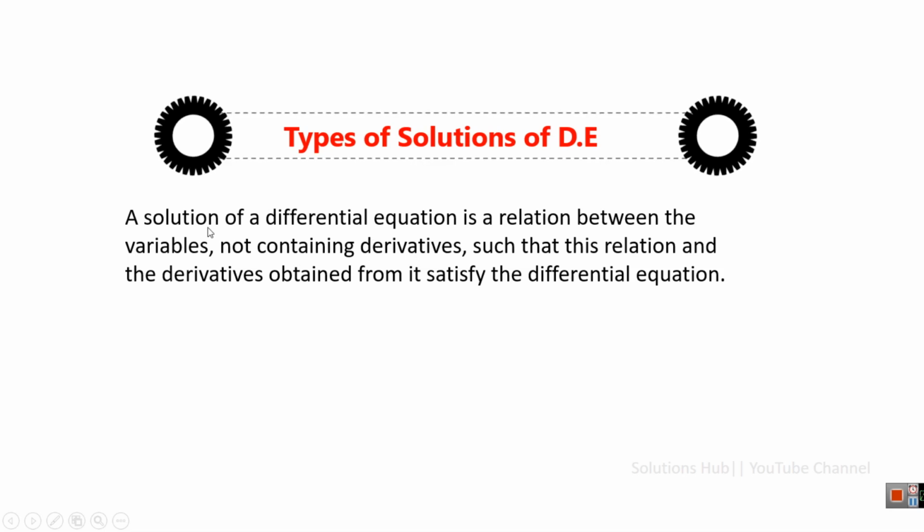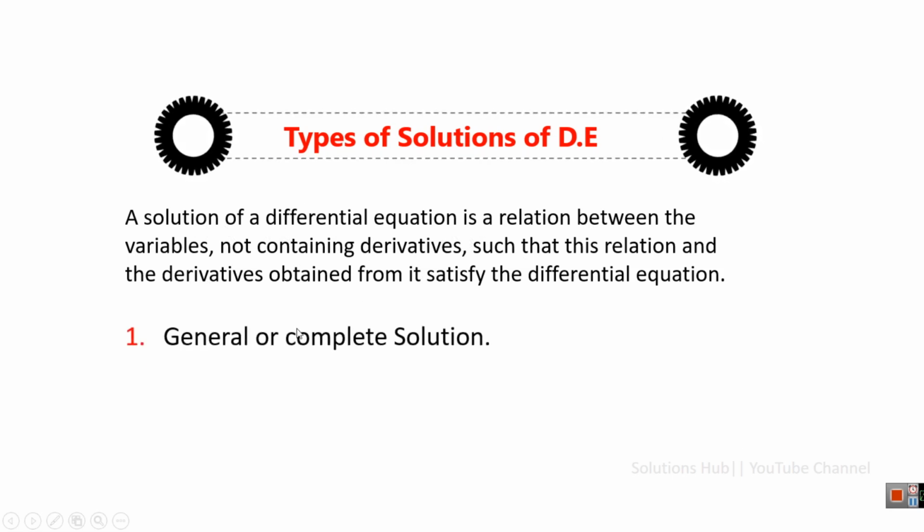The general solution doesn't have any derivative, as you have seen that y is equal to a sin x plus b cos x, the example we have done, doesn't have any derivatives involved. Such that this relation and the derivatives obtained from it satisfy the differential equation, the second order one that we formed in the end. This is the necessary part to be the solution of a differential equation.